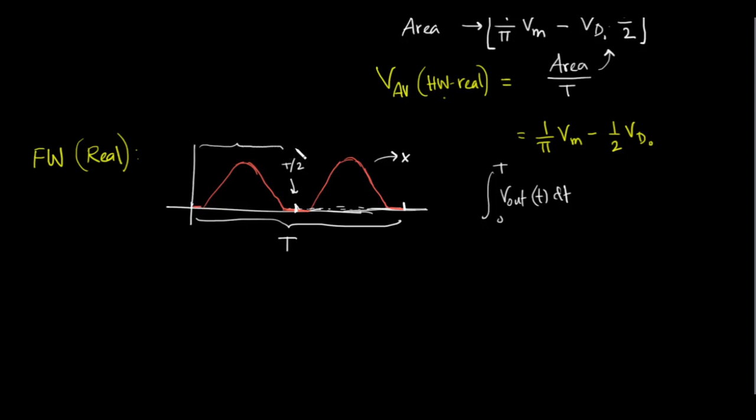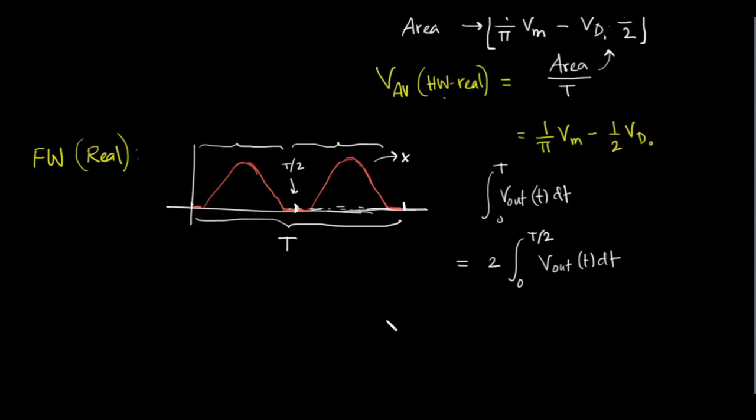So if we just find the area of one part and then multiply the result by 2, we will get the full area. So I will write it like this: 2 times the integral from 0 to T by 2. I have changed the limit from T to T by 2. Now I am finding the area of one half cycle and then multiplying it by 2, of Vout(t) dt.